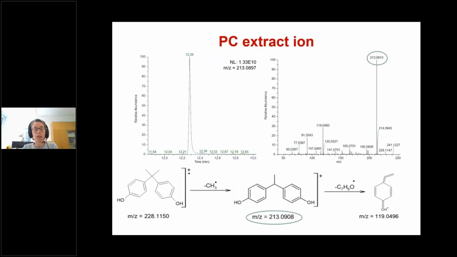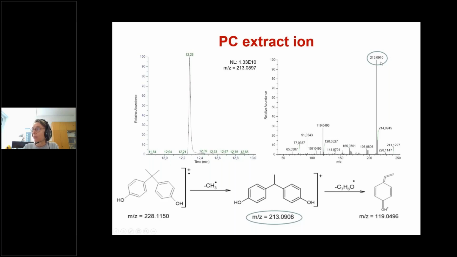For polycarbonate, another polymer, we see a very nice peak here, which corresponds to bisphenol. It is this peak here, but then we have the molecular mass here. We have to think that many polymers produce the same ions, so it is very important to have specific ions corresponding to each polymer.